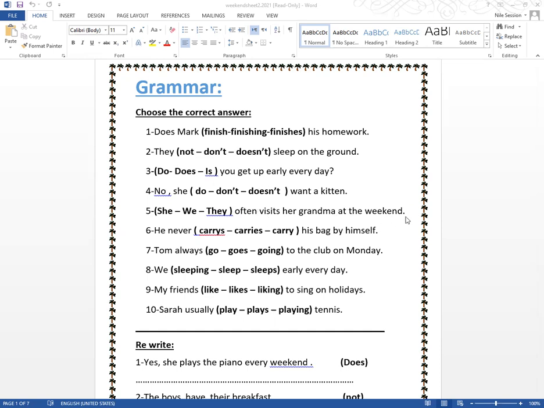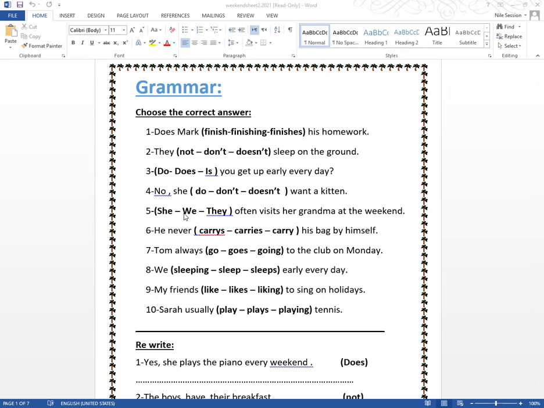So at the weekend is the keyword of the present simple. And here we can find S with the verb. So it means that we will choose a super student. Who is the super student here? She. So the answer will be she often visits her grandma at the weekends.